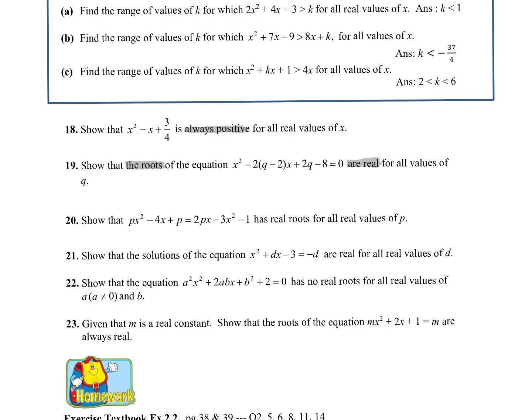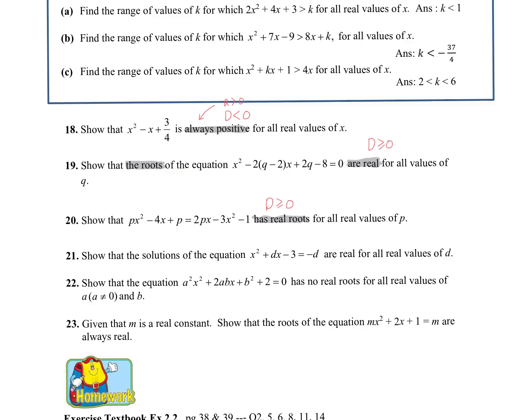This one means what? D less than 0, right? Roots are real means can have 1 root or 2 roots. So discriminant greater than 0, greater or equal to 0. Has real roots, same thing. Discriminant greater or equal to 0.